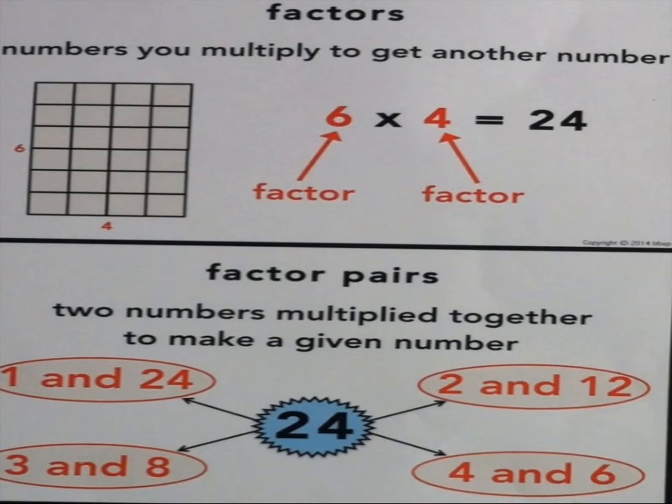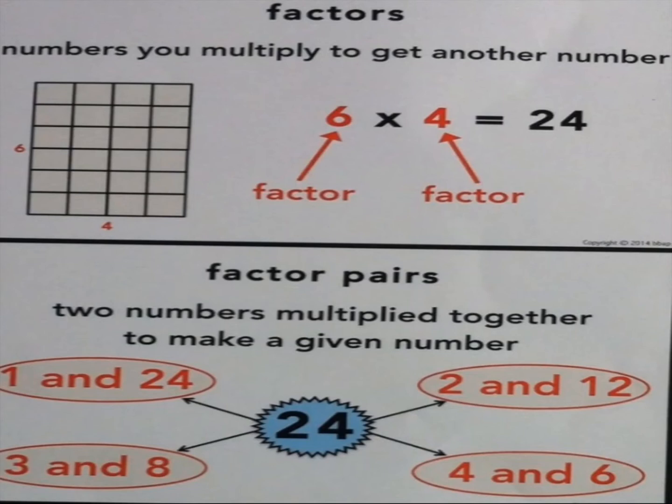Same as pairs of some other numbers are two numbers multiplied together to make a given number. We take the example of 24 only. 1 and 24 is equal to 24. So 1 and 24 are the pairs of 24.